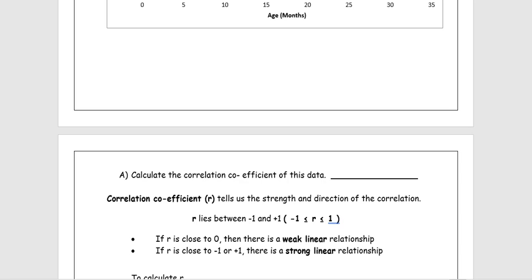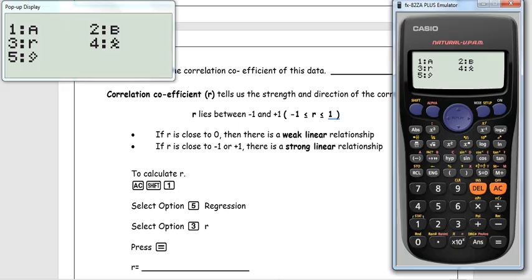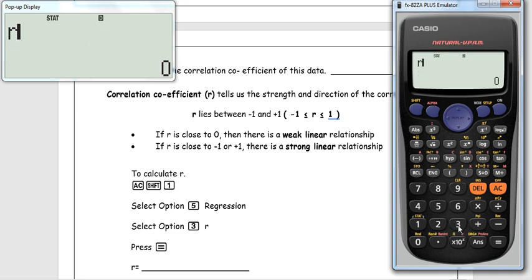Calculate the correlation coefficient of this data. We are going to be looking at our correlation coefficient, so we are looking at option number 3, R. I am going to select option number 3. It now tells us what we are finding. We want to find our correlation coefficient, so our R value, and all you are going to do is press equals.